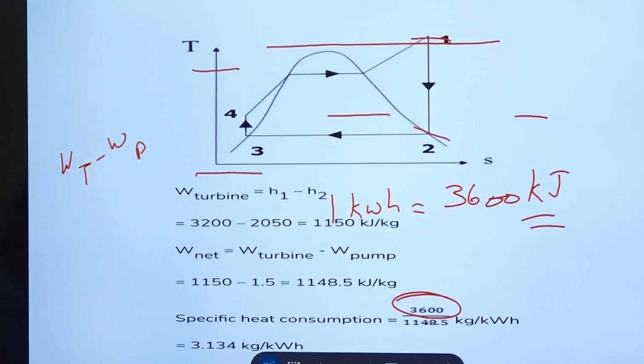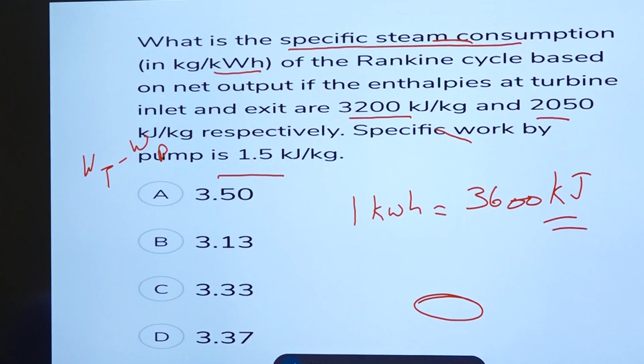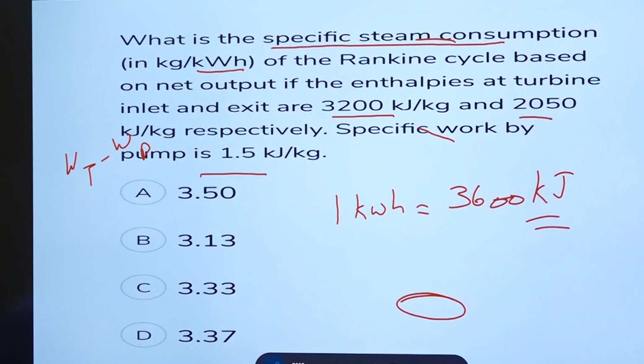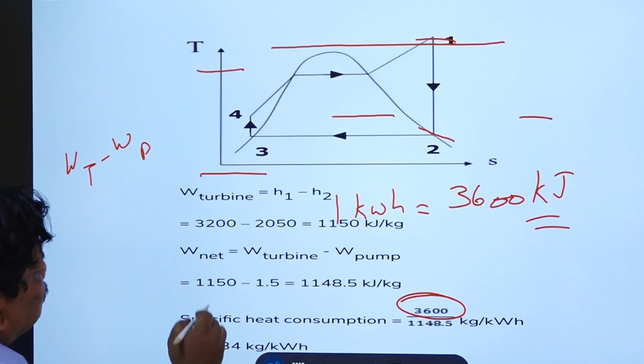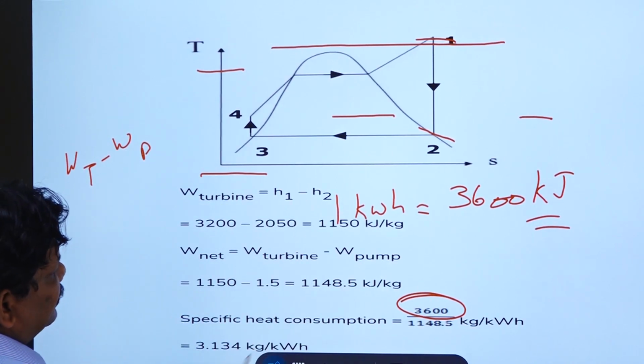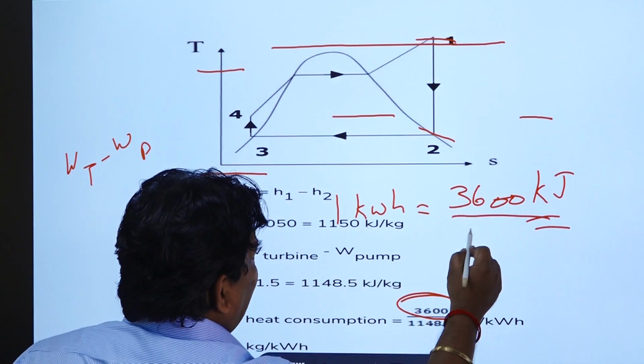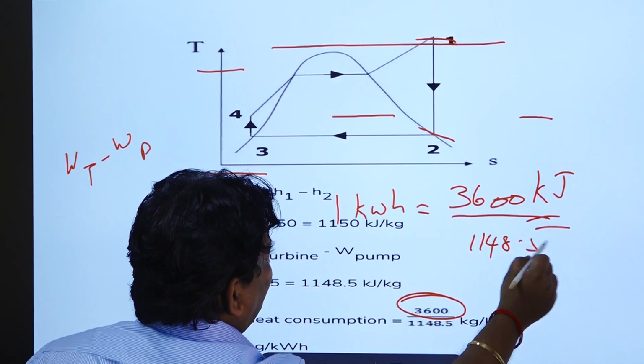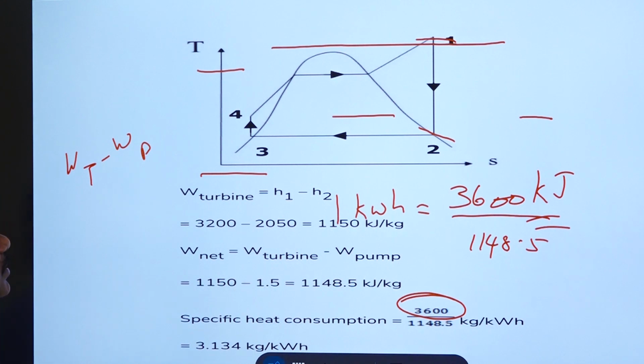The pump work is given as 1.5 kilojoule per kilogram. So 1150 minus 1.5 gives 1148.5. If you divide 3600 by that value, you will get the value of the specific steam consumption.